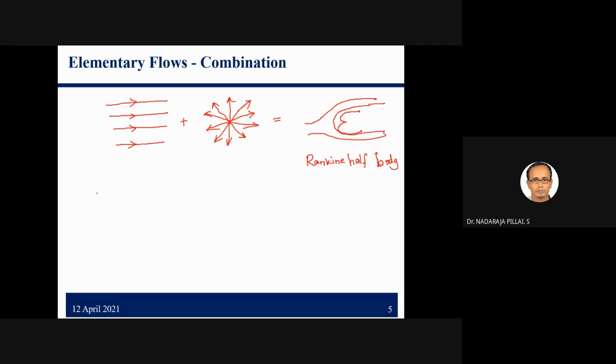And then we had a uniform flow, and the uniform flow plus the source flow, plus a sink flow, and then we had the Rankine oval.